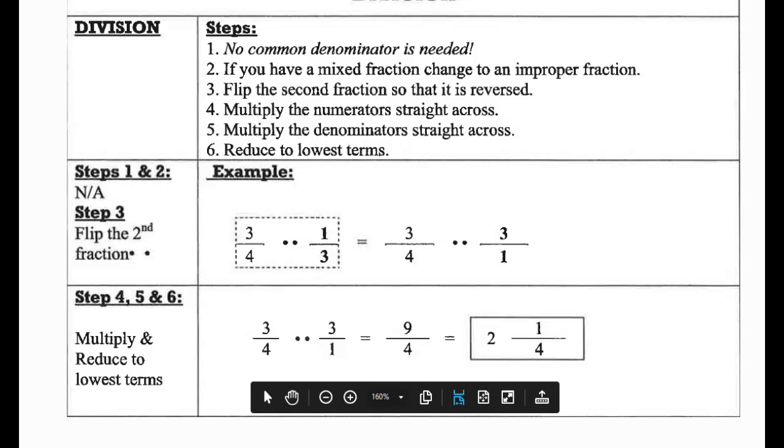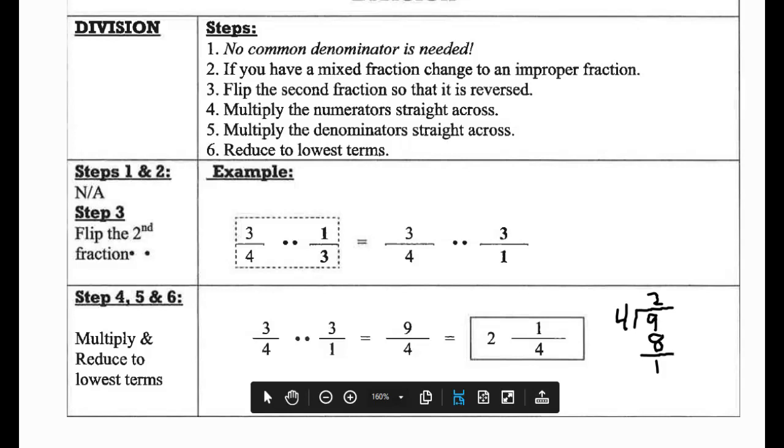If we did 4 into 9, we would get 2. And 2 times 4 leaves you 1. I'm sorry, my pen is being funky. So you have a remainder of 1.